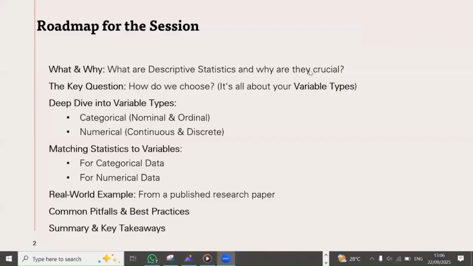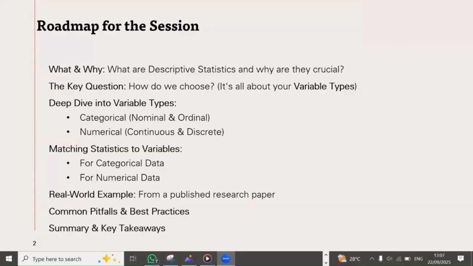So we're going to go through this roadmap for the course. We're going to look at what and why: what are descriptive statistics and why are they crucial? And then we will answer the key question, how do we choose what type of visualization to do for a particular descriptive statistic?